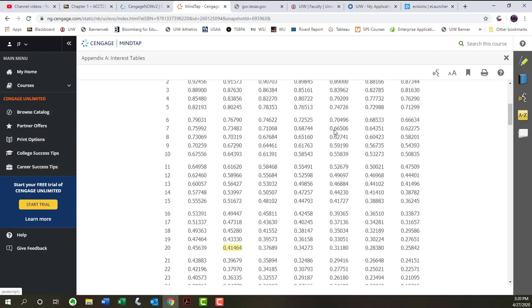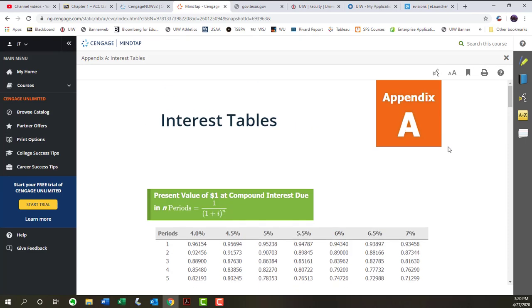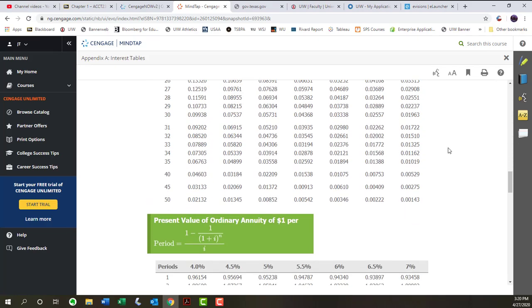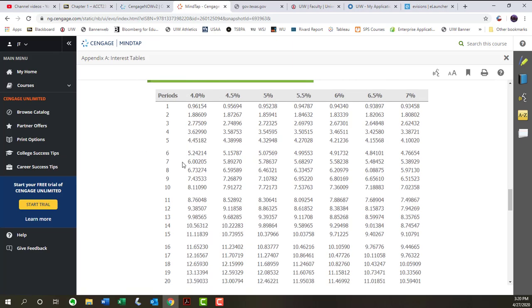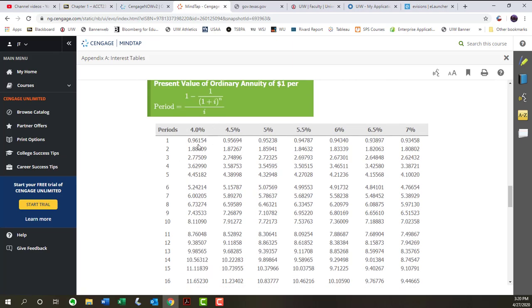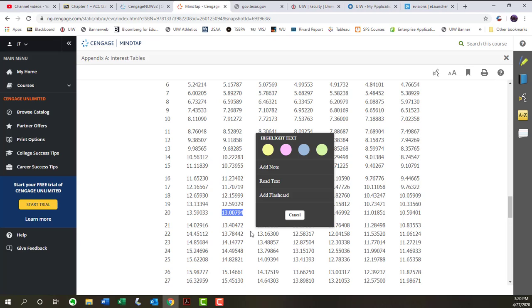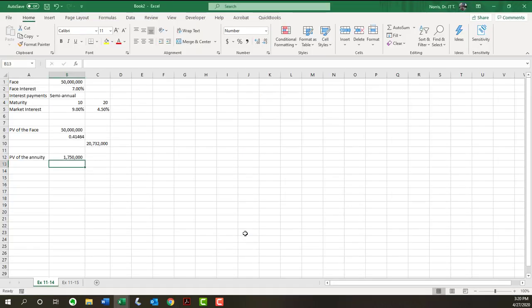Then we're going to go to the present value of an ordinary annuity, look in the 4.5% column down to row 20, and we're going to get a factor of 13.00794.